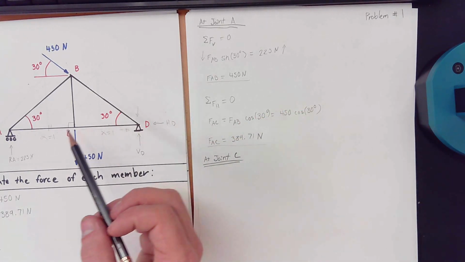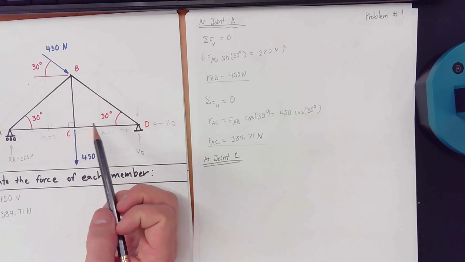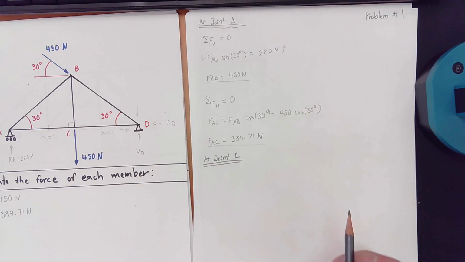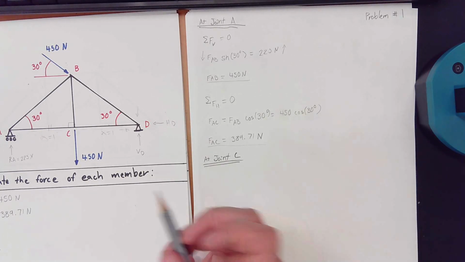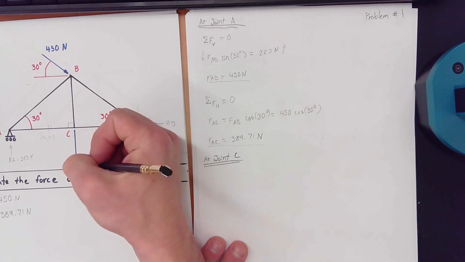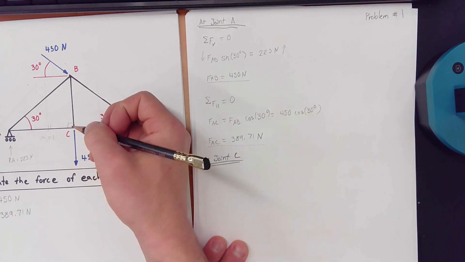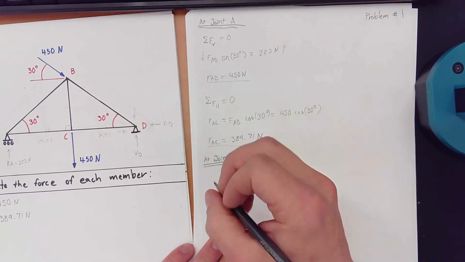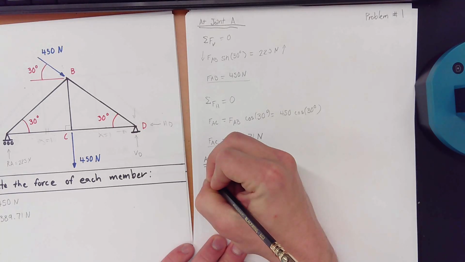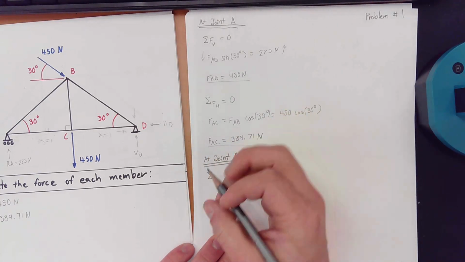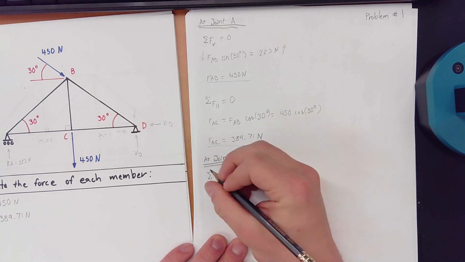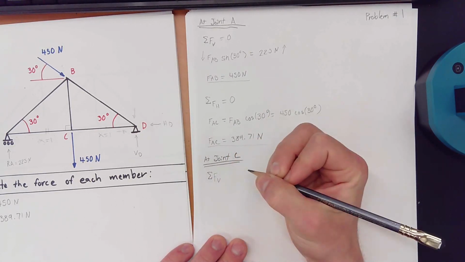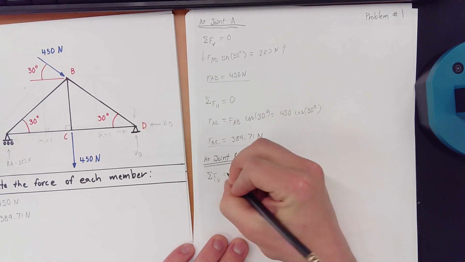So we're going to figure out all the forces acting upon the members that are connected with joint C. So our equation, joint C, we have 450 newtons acting down upon it. So we know we're working in the vertical direction. So we have our capital sigma, the sum of forces acting vertically must equal 0.